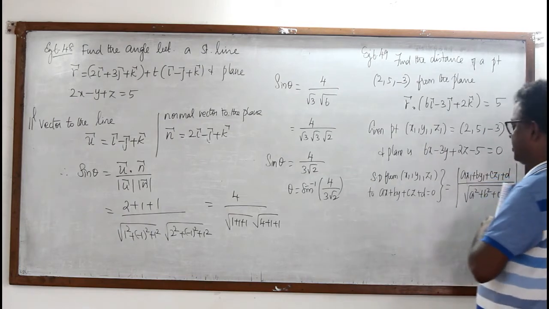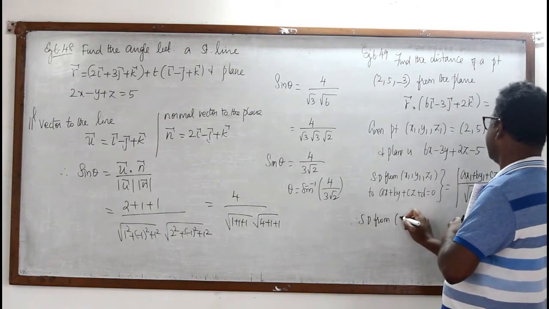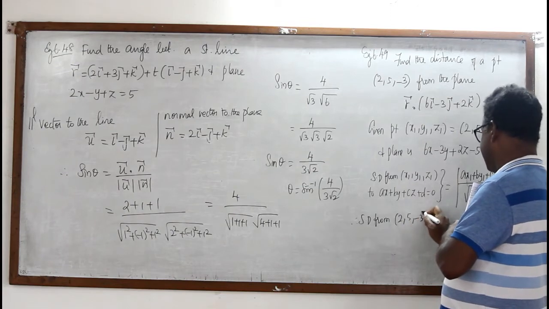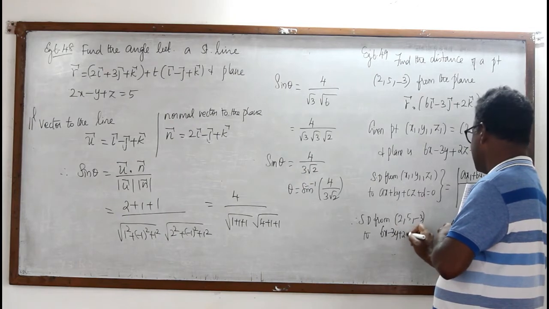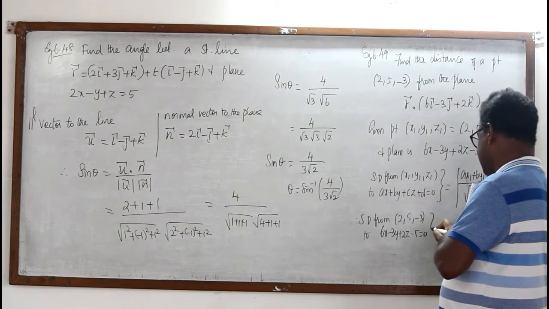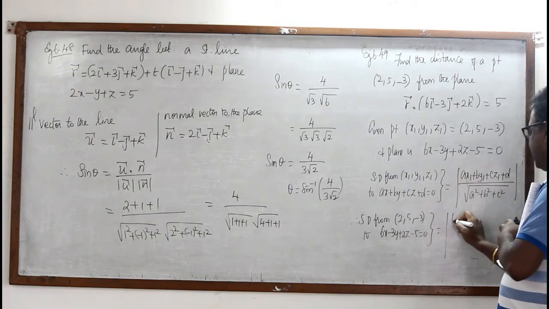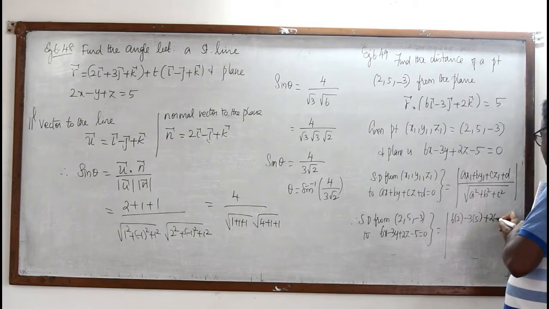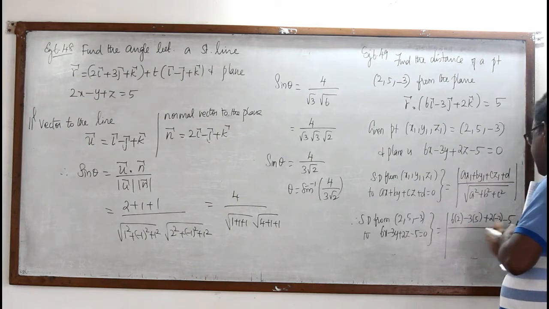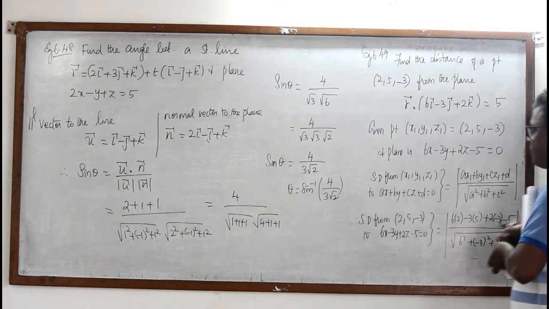Therefore, what is the point? The shortest distance from 2, 5, minus 3 to the plane 6x minus 3y plus 2z minus 5 equal to 0 is given by 6 into 2 minus 3 into 5 plus 2 into minus 3 minus 5, by root of 6 square plus minus 3 the whole square plus 2 square.